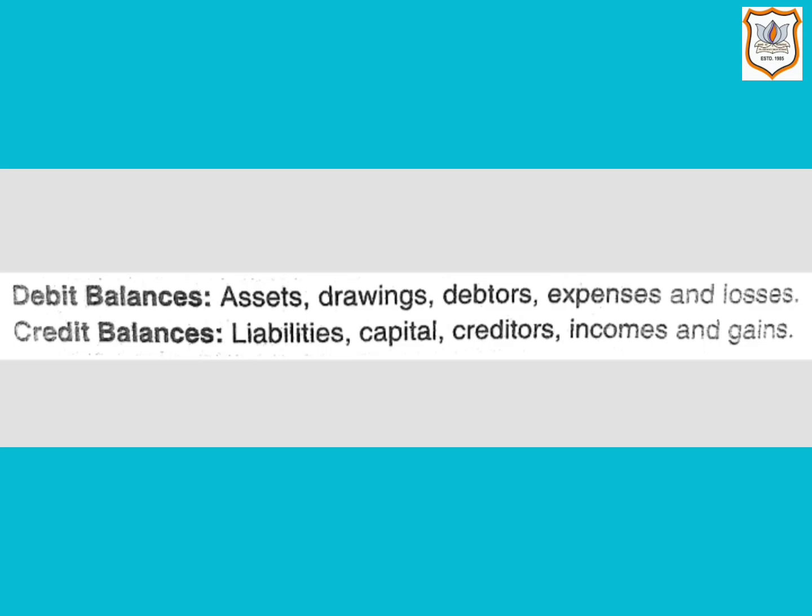So let us see here, the accounts which have debit balance are assets account, drawings account, debtors account, expenses and losses account. And the accounts which have credit balances are liabilities account, capital account, creditors account, incomes account and gains account. These things we have studied earlier.